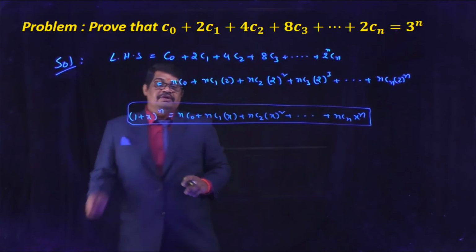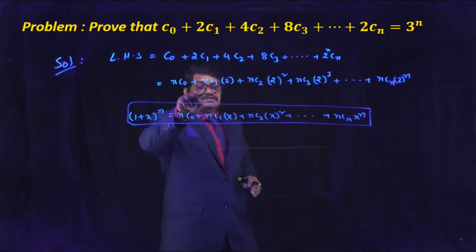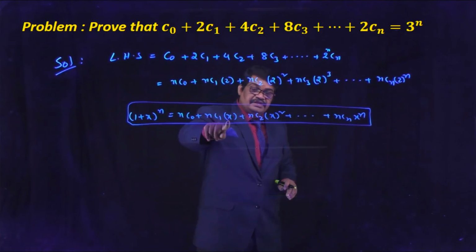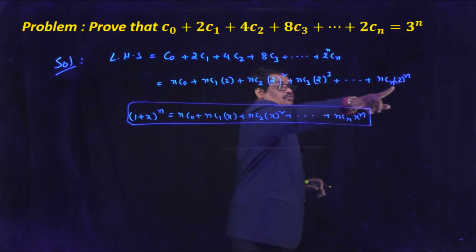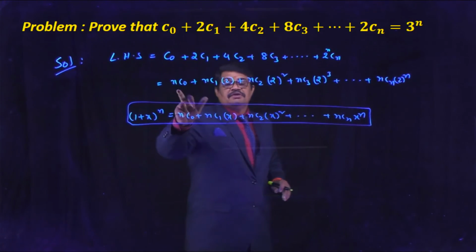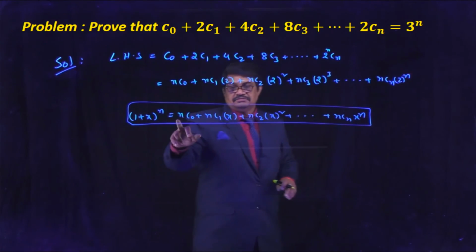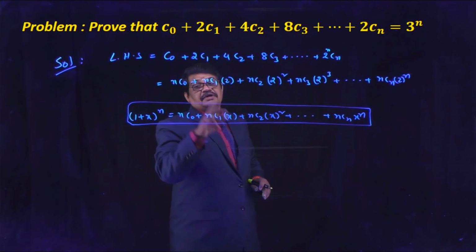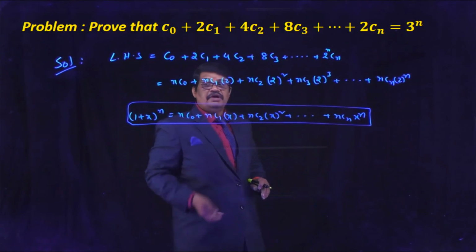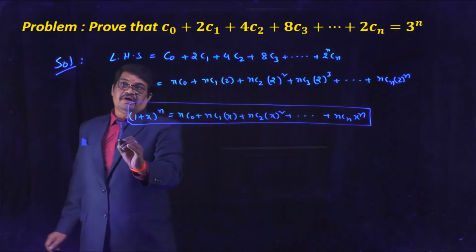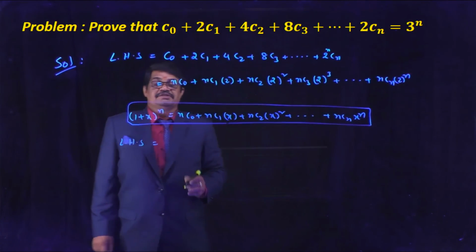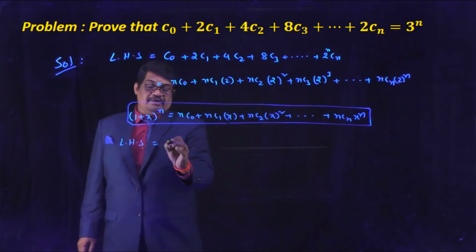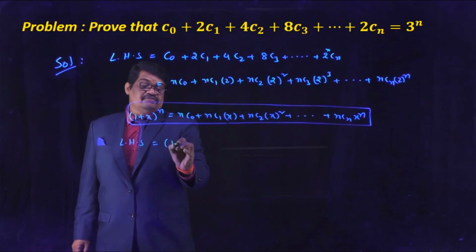So this is the binomial expansion. We are observing here nc naught plus nc1, in the place of x here 2. Here nc2, here 2 square. In the place of x it is 2, 2 square, 3 square, like this, 2 to the power of n. Now this RHS is comparing with this one where in the place of x is 2. Then this LHS, that is this series, can be written in the place of 1 plus x.